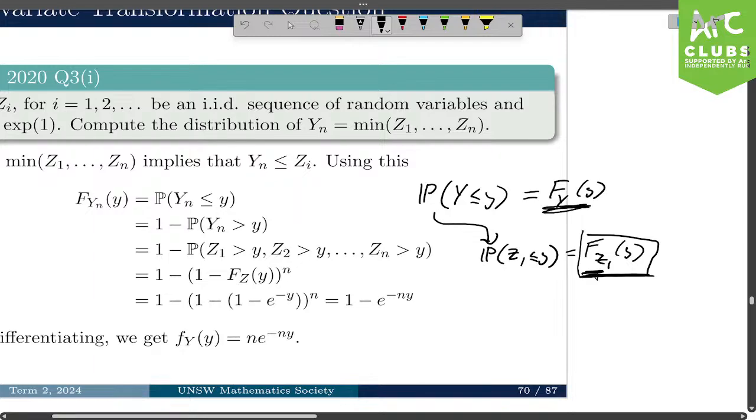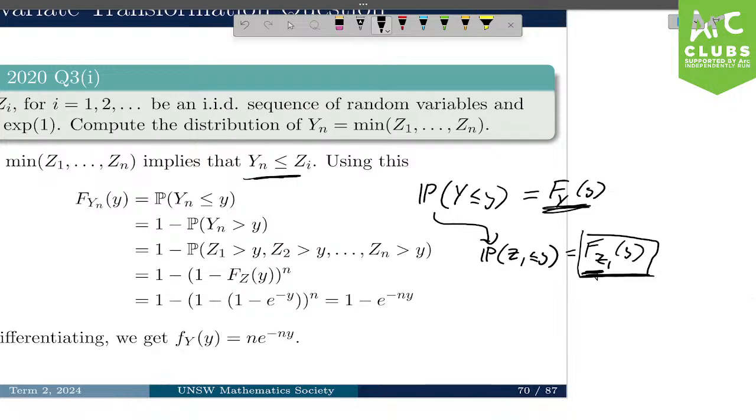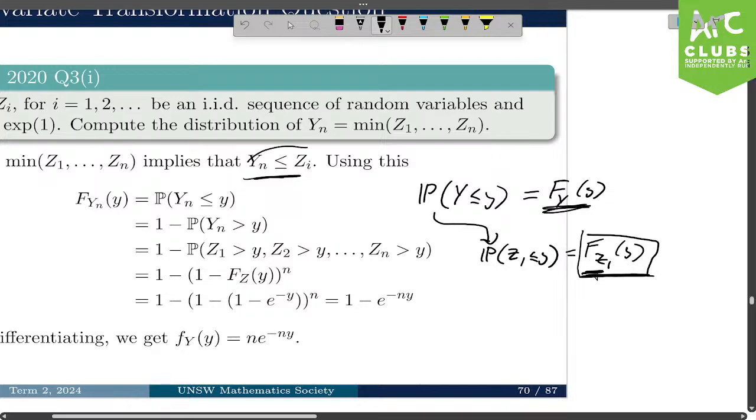I don't know this one yet, so I'm going to put it in terms of something I know. And the information I know is that yn is less than or equal to zi for all i's, yeah? And so from there, I can go ahead and say that, okay, well, the inequality moves in this specific direction. It is less than or equal to. So I format it so that I have yn is greater than y.